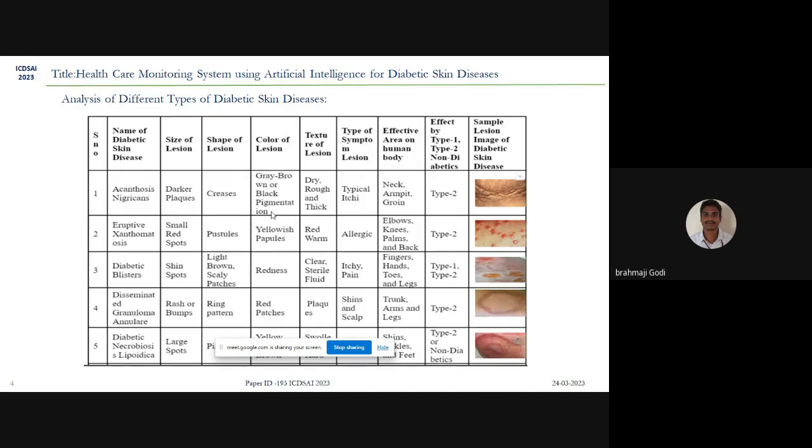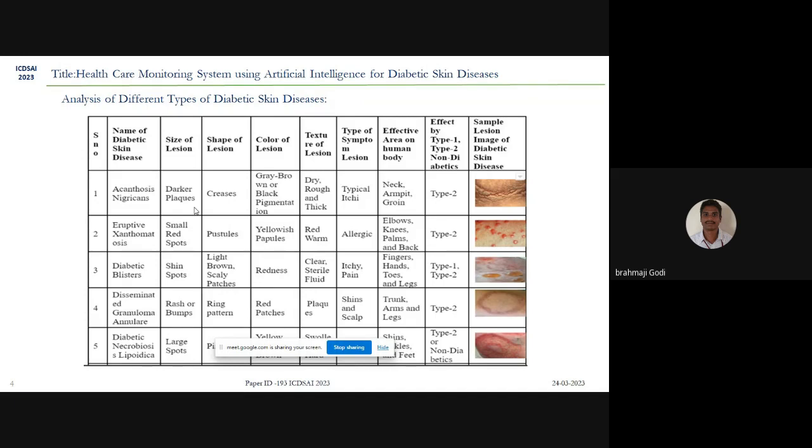This is how we have classified, and we did some analysis on these 9 types of different diabetic skin diseases, sir. In the last column we have pictured some of the lesions which we found from various repositories, like Kaggle. We have collected some images, and other diabetic clinical research images.